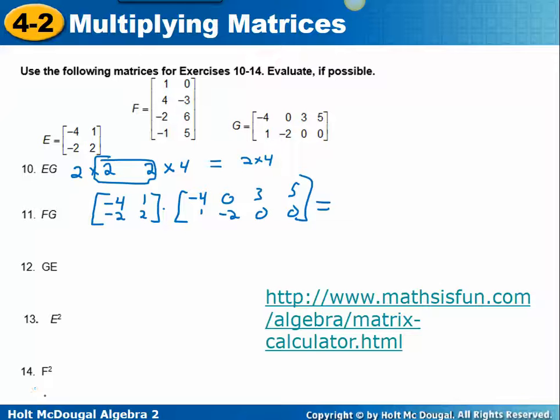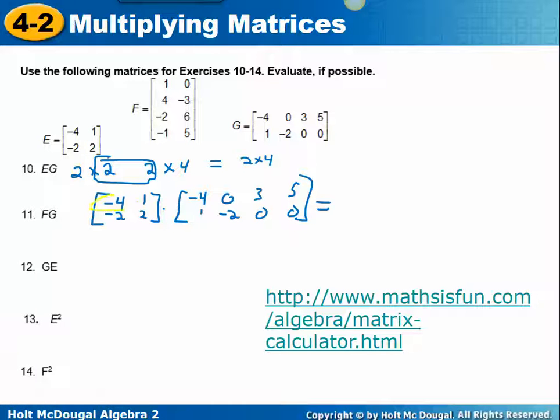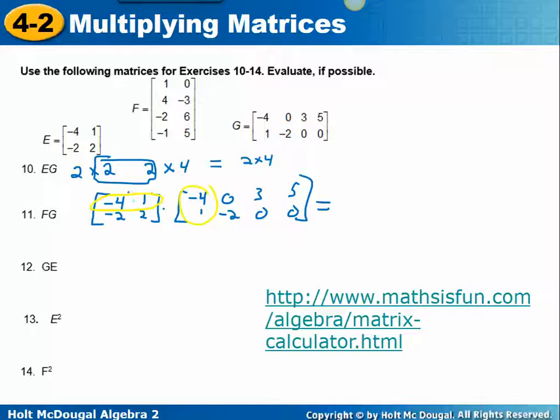We take the entries in the first row of our first matrix by the first column in the second matrix, and we multiply and then add. So -4 times -4 is 16. 1 times 1 is 1. I'm probably going to need a little more room, because my result will be a 2 by 4.